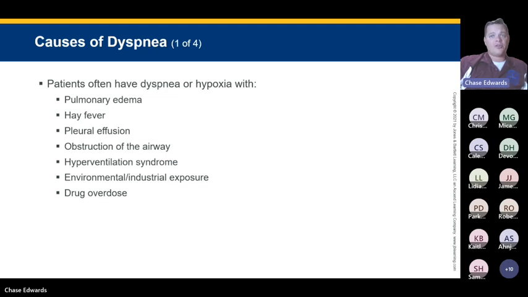You have obstruction of the airway, hyperventilation syndrome, environmental or industrial exposures that you could have, toxic exposures or poison exposures. You have carbon monoxide poisoning. A lot of times that happens during storm season here. Up north, probably happens during winter season when a lot of snow knocks power out. So a lot of times when power gets knocked out, you'll see a lot of carbon monoxide issues. Also, drug overdose.